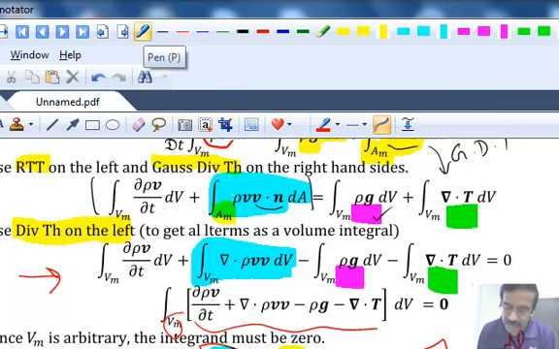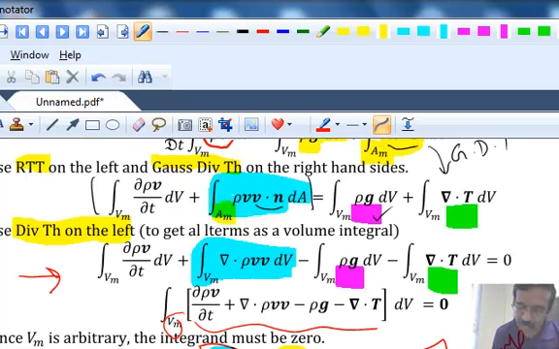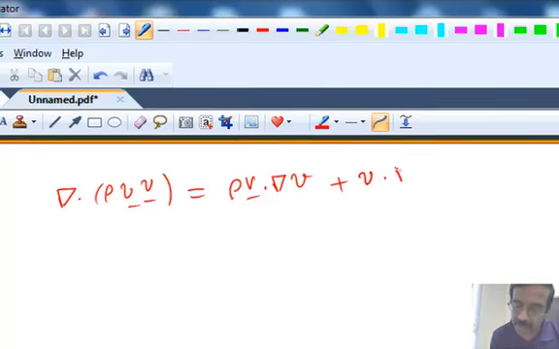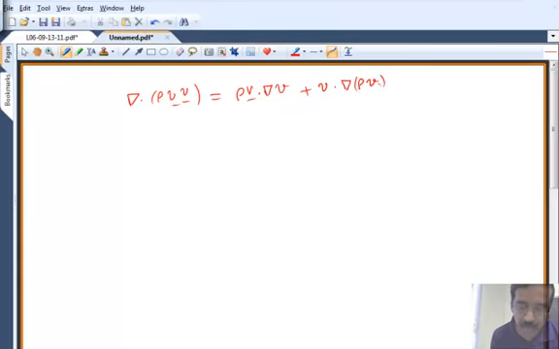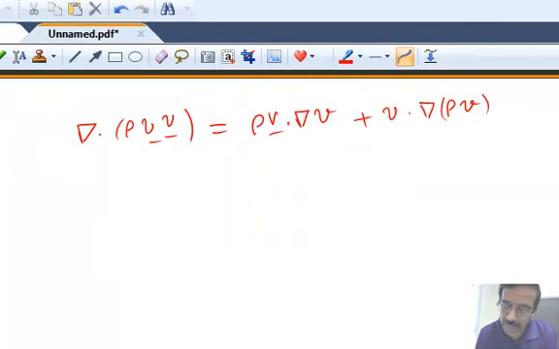So let me go to the other page: del dot rho v v. I want to show that this is the same as rho v dot del v plus v del dot rho v.